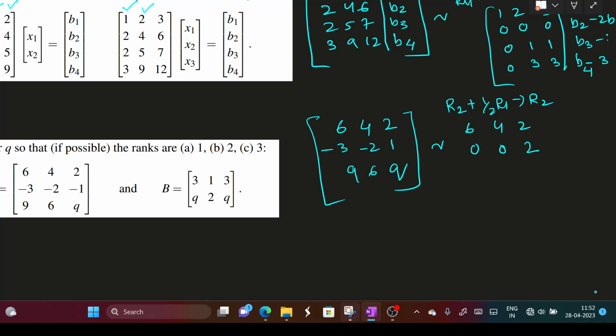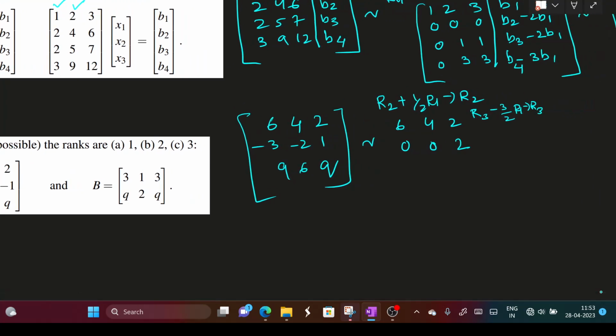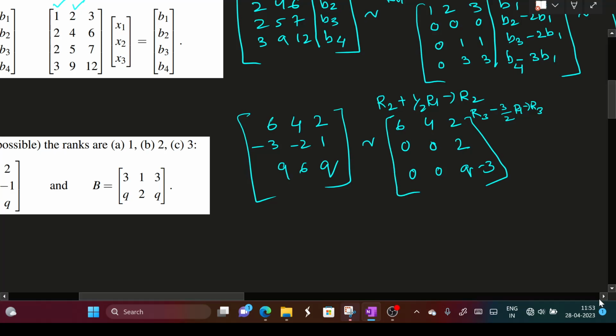It is R3 minus 3 by 2 of R1 stored in R3. How much is it? It is 0, it is 0, it is 3 by 2 plus 1, q minus 3, q minus 3. This is the matrix third row.